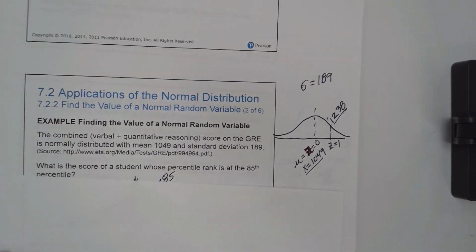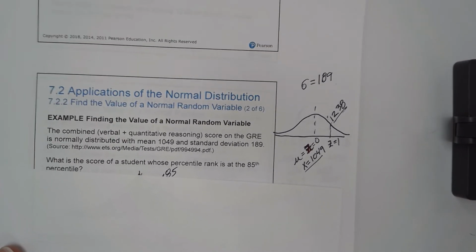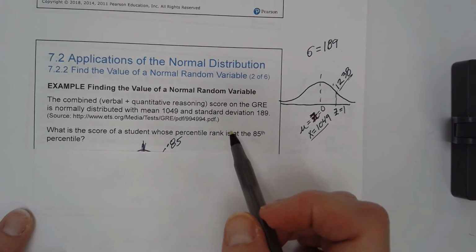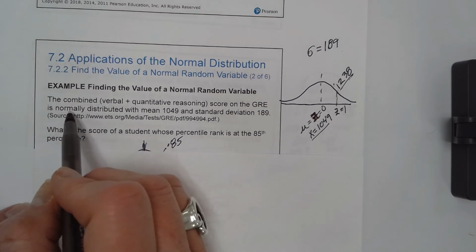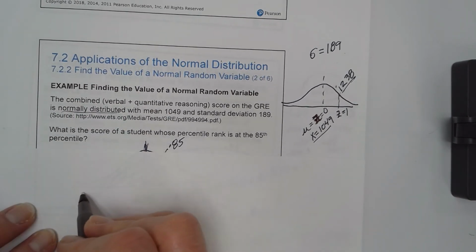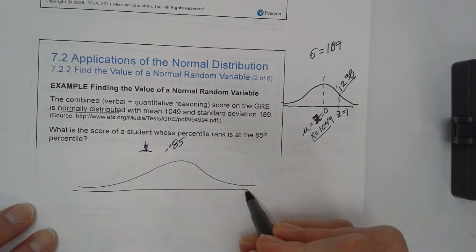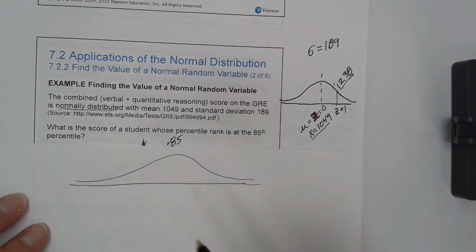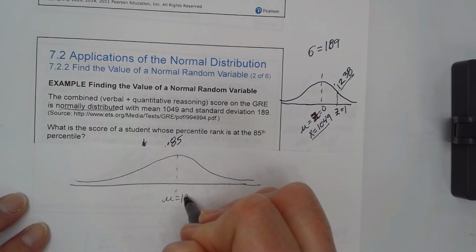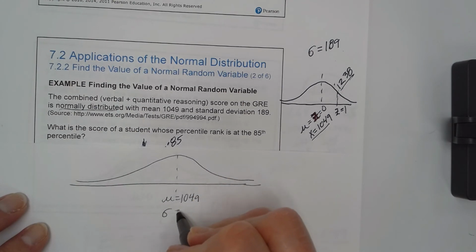What is the score of a student whose percentile rank is the 85th percentile? When it says normally distributed, the first thing you're going to do is draw yourself a normal curve. Put in the mean that they give you, and put in the standard deviation that they give you.